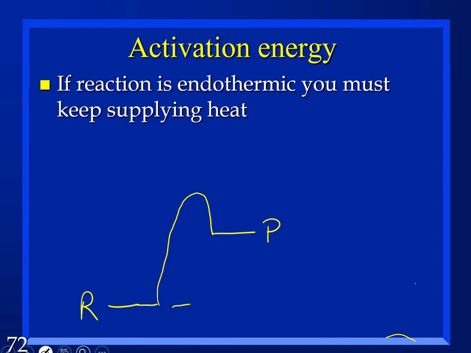So this reaction would have a really high activation energy, because you count from where you started to the high part of the hill. So they got to hit that hard before they can react. And then after they've reacted, they give you back a little bit of heat, but that's not enough to get the next one over the hill. So you've got to keep supplying the heat.